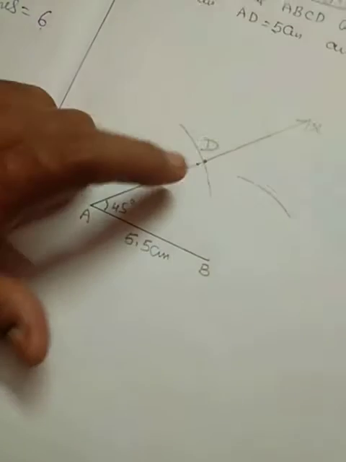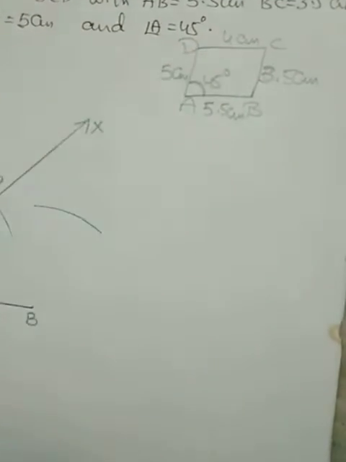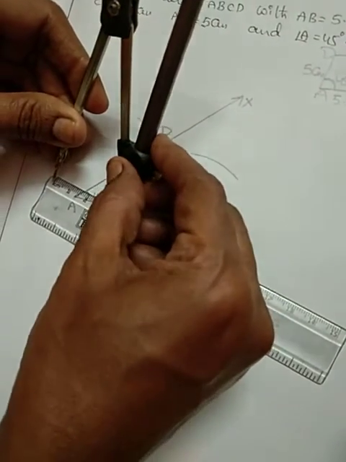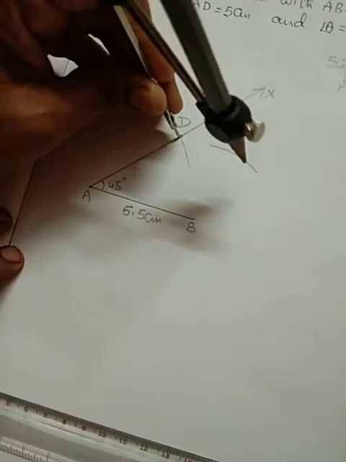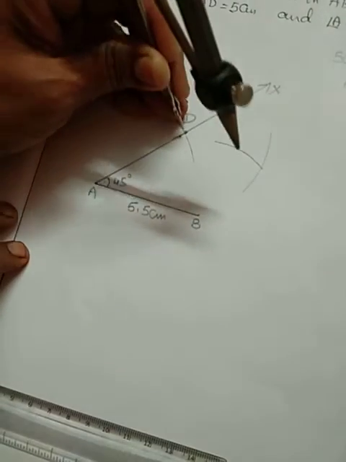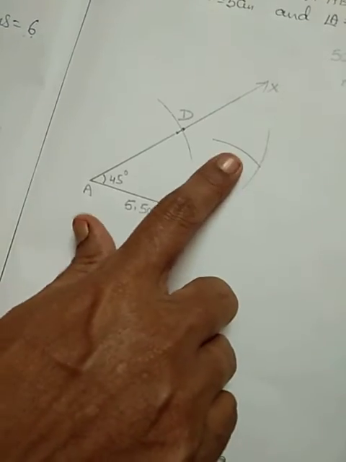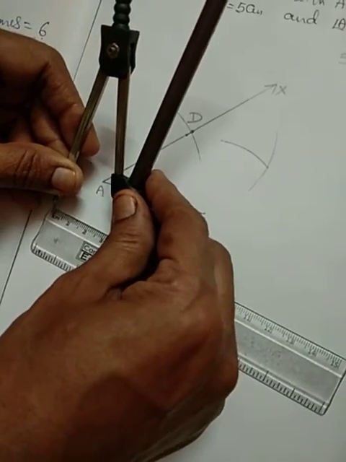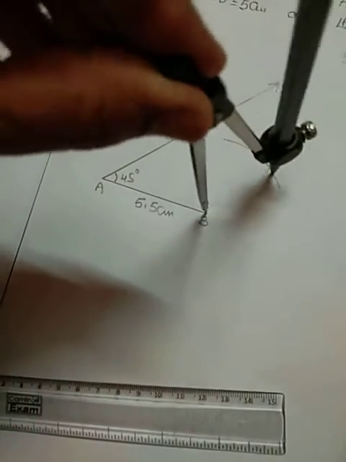And next take the center D and radius 4 centimeters, and draw an arc taking the center D. So this is our arc, and these two don't intersect, so I am drawing again with 3.5 centimeters radius taking B as center. I am prolonging this one.